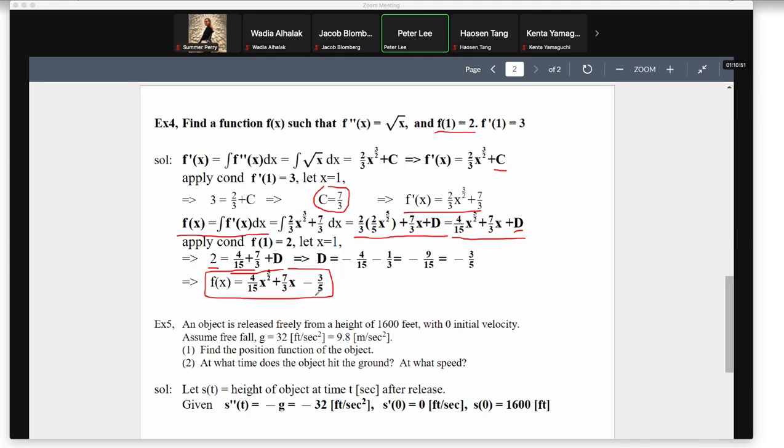Now, how to check whether you got it right or wrong? You check it by taking the derivative. Take the second derivative, then check this, and then check f of 1 equals 2, and check f prime of 1 equals 3. That's how you check. Again, when checking antiderivative problems, you always check by differentiating, not by going through the procedure again. If you go back and see whether you made any mistakes, that's what I call a procedure check.